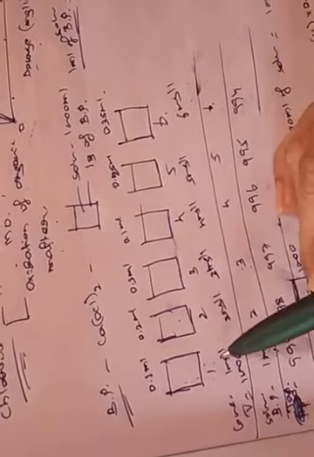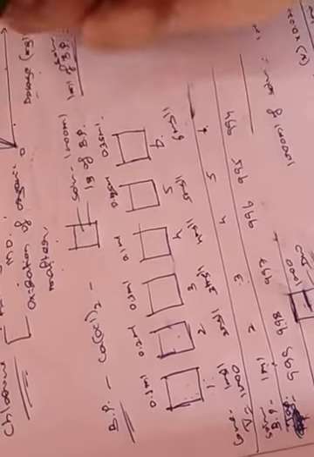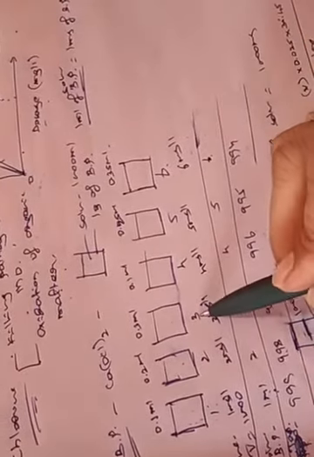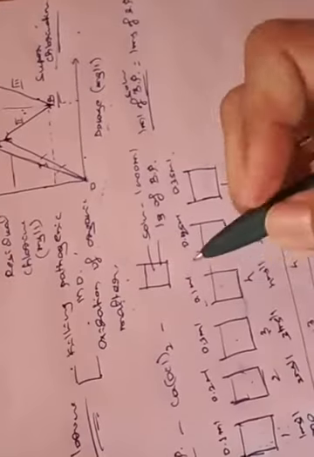That means O to A is beakers 1, 2, 3. The third reading, beaker number 3, is going to give me the point A value of residual chlorine. Point B value is going to be for beaker number 4.